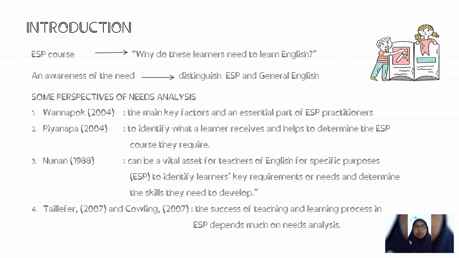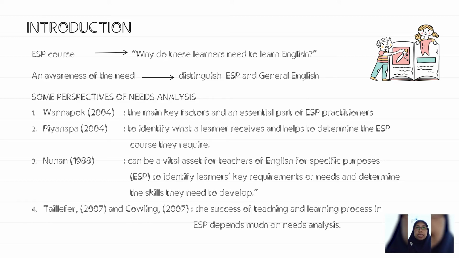ESP as an approach to course design starts with the question, why do these learners need to learn English? This is what differs ESP a great deal from general English in practice. What distinguishes them is an awareness of the need.